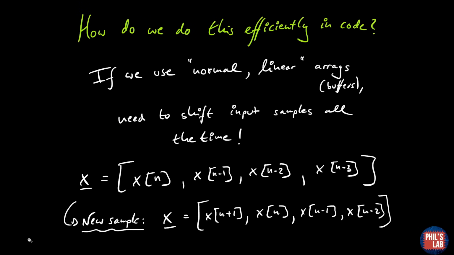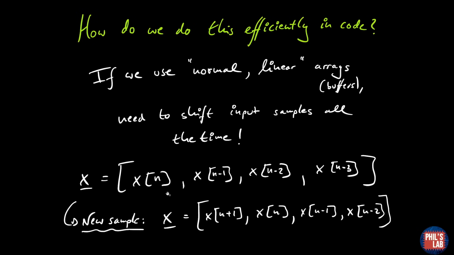The question is, how do we actually do this efficiently in code? Because this can really slow us down and make our filters really short or not work at all. So if we go the traditional method of just using normal linear arrays, I'll call them buffers from now on, the problem is we need to shift the input samples all the time. So let's say we start out with this array, a length 4 input buffer with 4 samples.